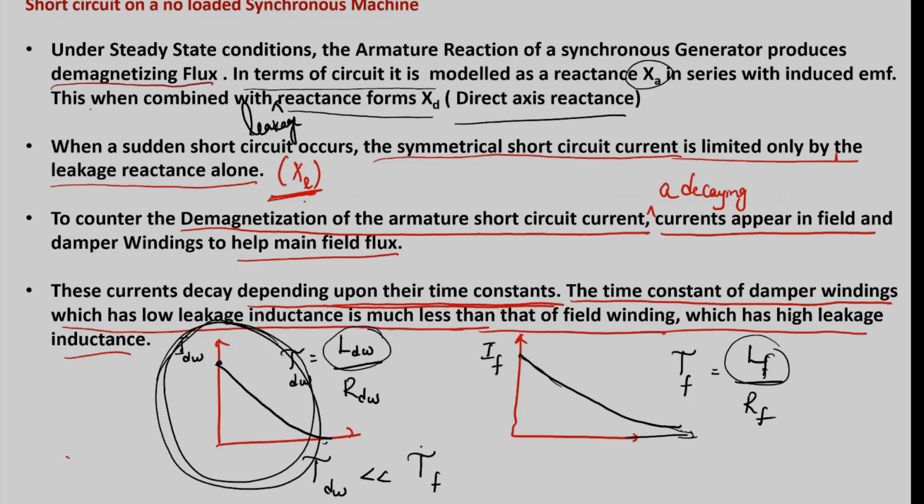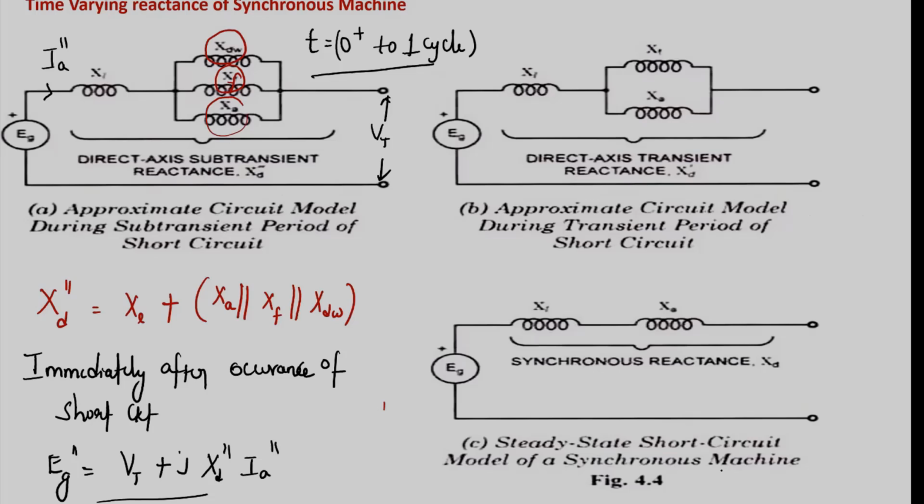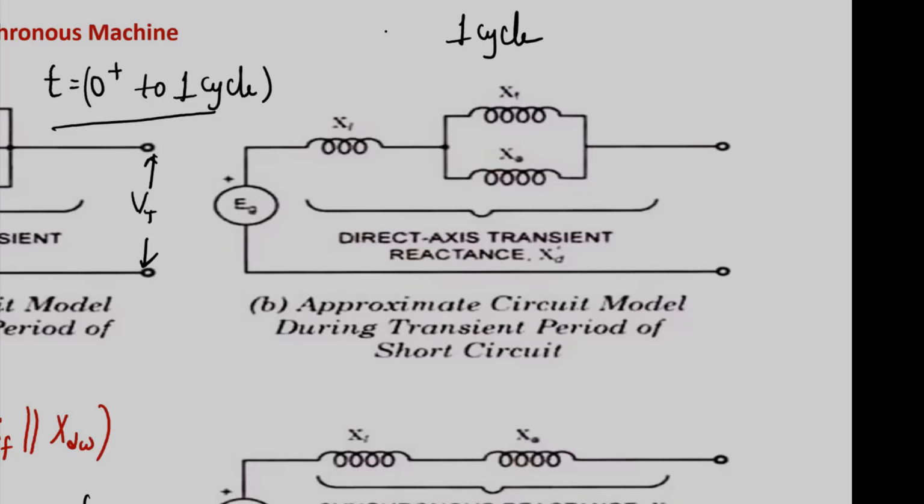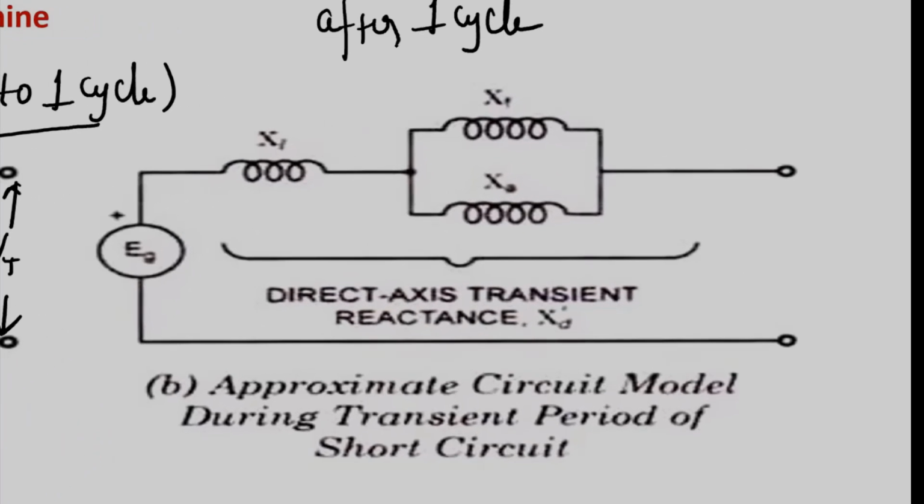So once the current through any element is 0, how do you replace it? You simply open circuit that element. For any element, if the current is 0, you open circuit it. So after one cycle, your circuit will become this one, where the damper windings are open circuited. This period is called the transient period.